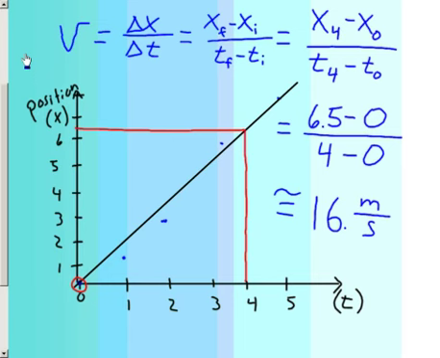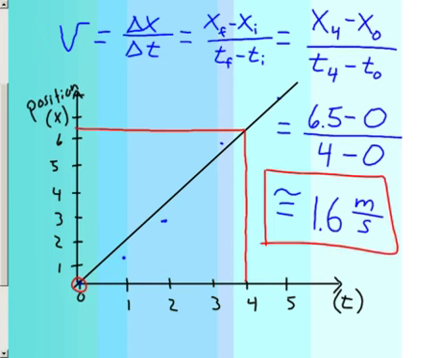So our velocity is 16 meters per second. But I just goofed. It's not 16. I'm so sorry. It's 1.6. Did anybody catch me on that one? 1.6 meters per second.